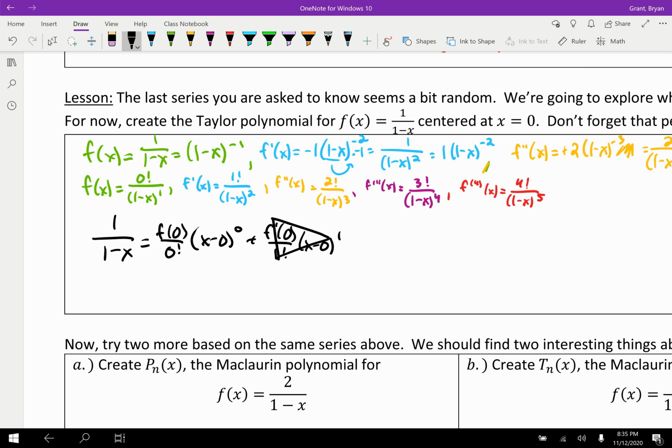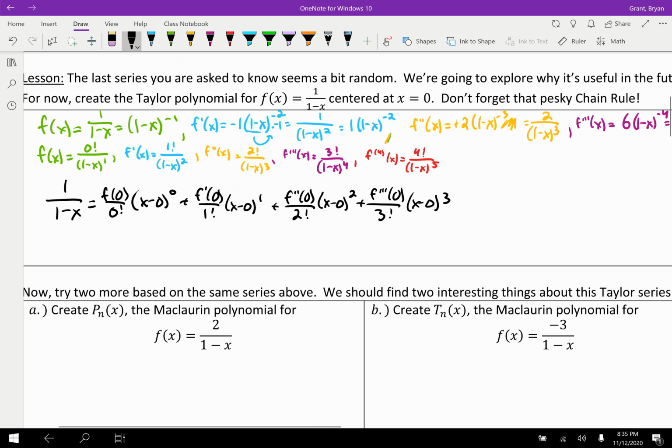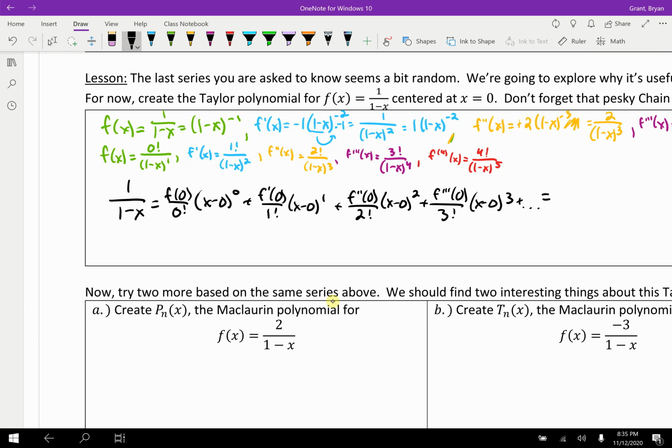Look at that trifecta again. Keep that triangle going. You'll be just fine. The second derivative of 0 over 2 factorial, x minus 0 squared. And we'll do one more just for fun. Like so. And then we should probably do a little plus, plus, plus. And then I think I have enough room over here to start simplifying things down.